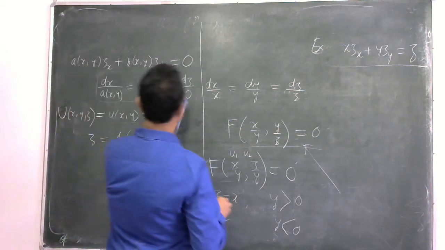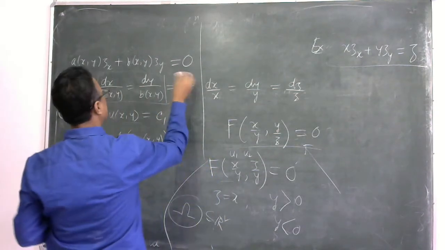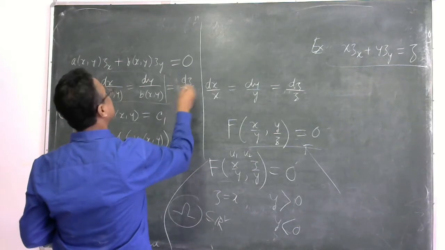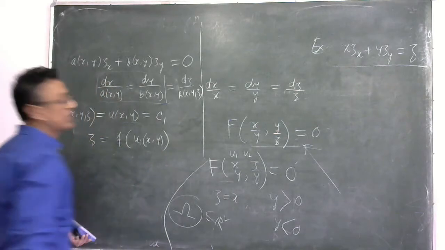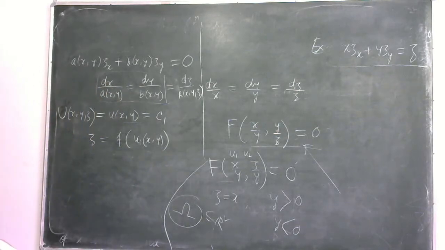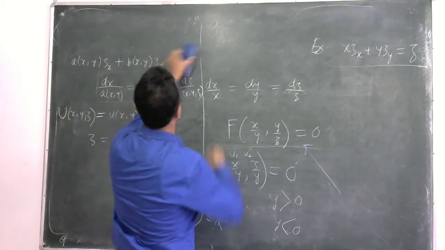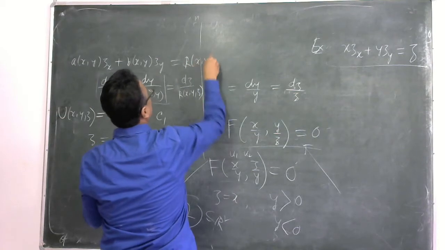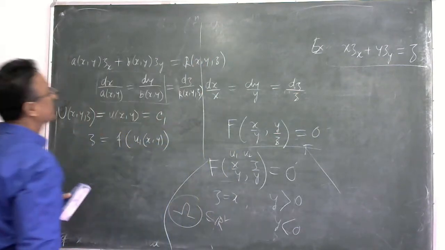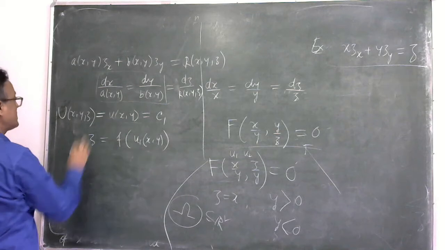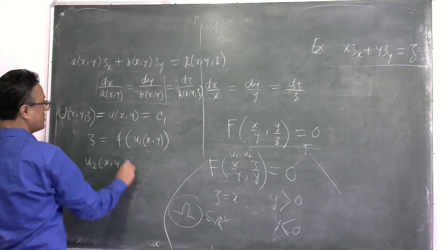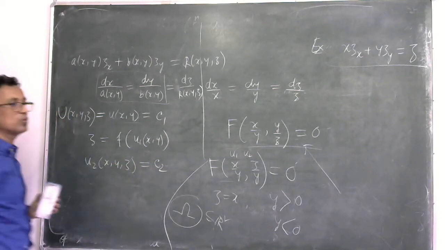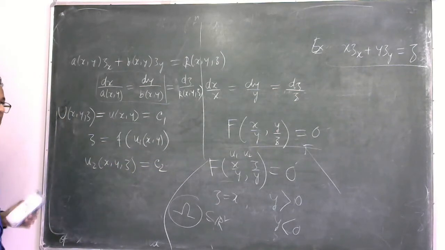Okay, fine. So now, if say this is again some other function, say r of xyz, right? If it is a function of 3 variables, say. Then obviously what is going to happen from the second part, you are going to get something like u2 xyz equal to c2, right?